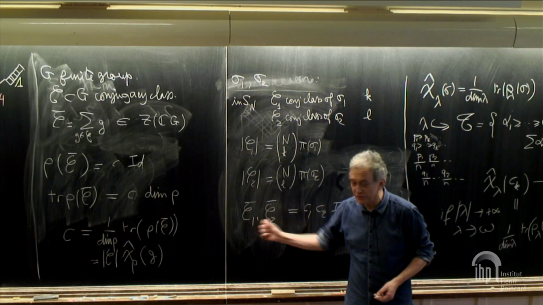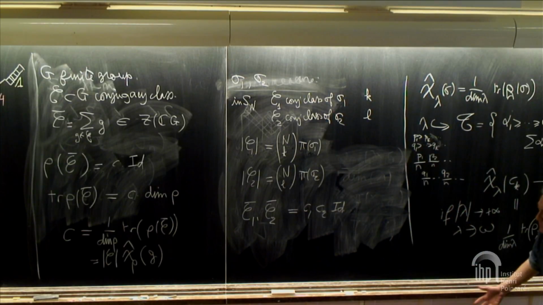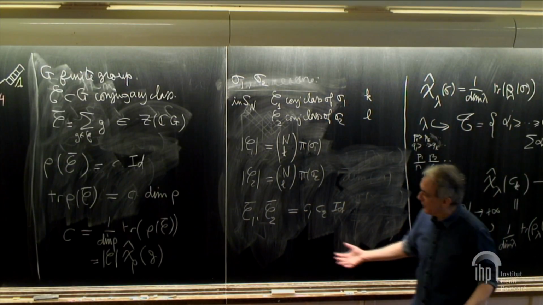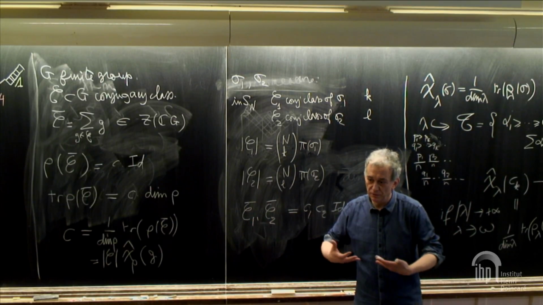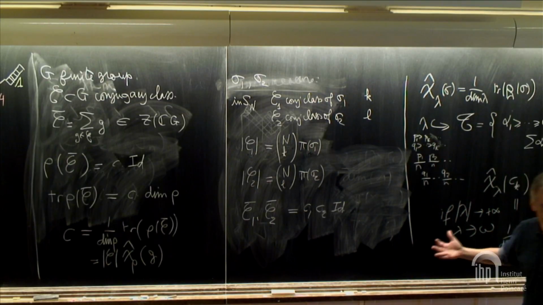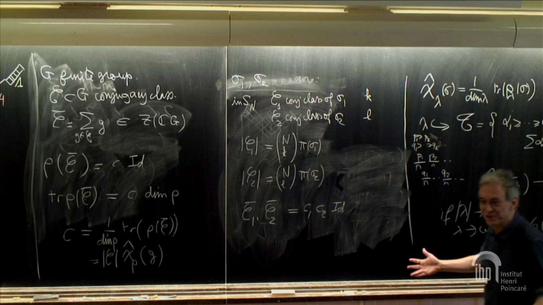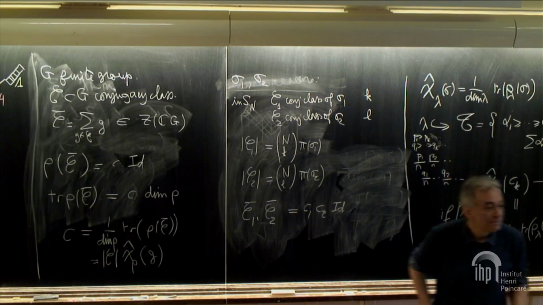Now I'm taking the product of these two elements in the group algebra. And what I claim is that in this product, when n is large enough, most products will be of permutations with disjoint support. That's all. This is a very simple observation.